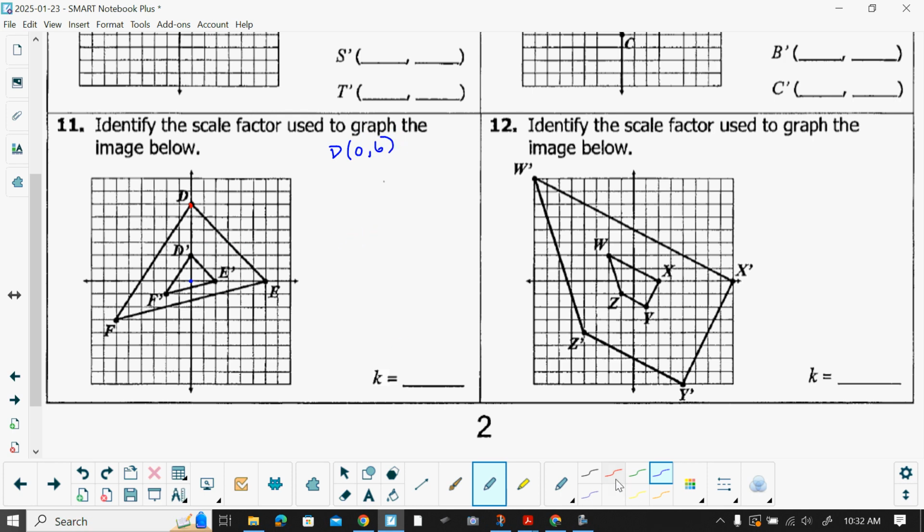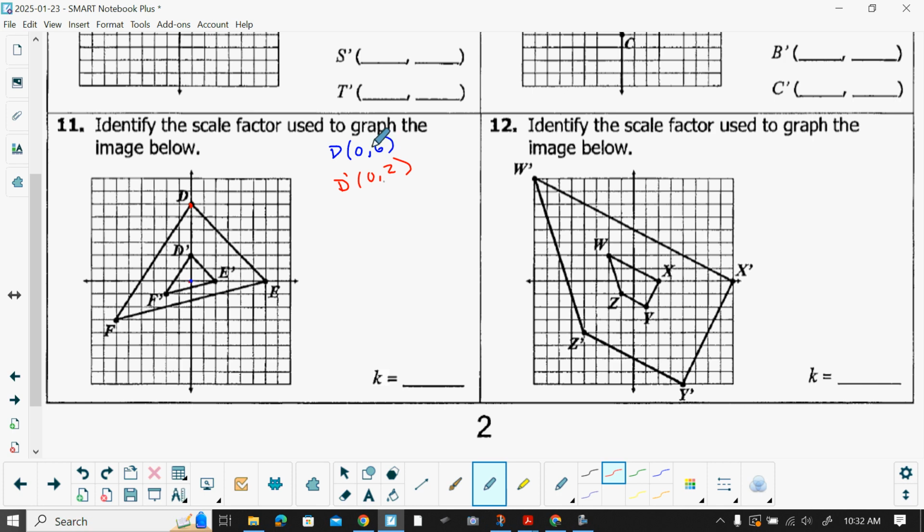D prime is at 0, 2. And I ask myself, what happened to the original to get to this? Did it get bigger? Did it get smaller? It got smaller. This one didn't change, but the 6 went from a 6 down to a 2.